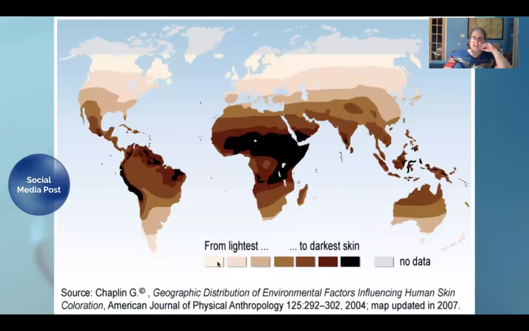So why is it that some groups of people have darker skin than others? Well, like I said, it's based on where their ancestors hailed from. This map shows you where darker skin tones are typically found. If you notice, darker skin tones tend to be closer to the equator. There's a lot of sun at the equator.